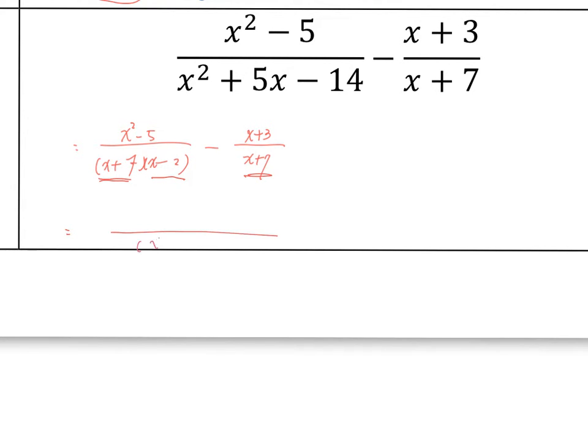I'm going to skip some steps and write x plus 7 times x minus 2. Since this term has all the factors in its denominator, we can just recopy the numerator at the top. But for this term, it doesn't have x minus 2, so I need to multiply x minus 2 to the numerator to combine these terms.